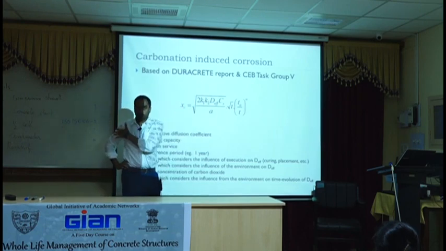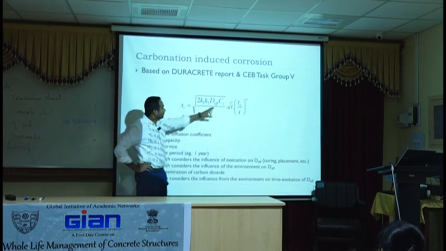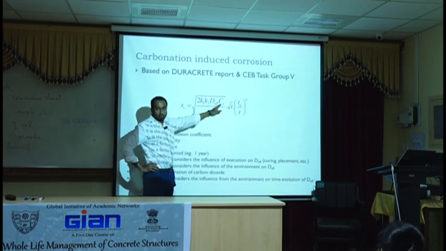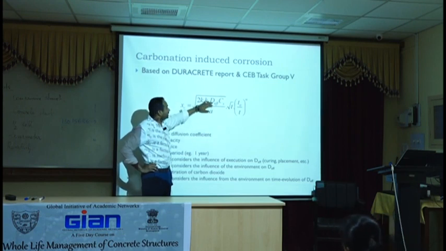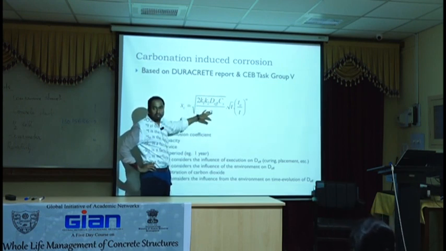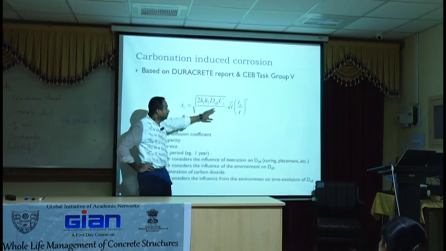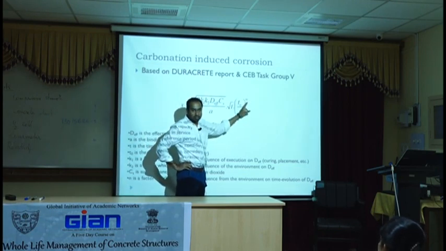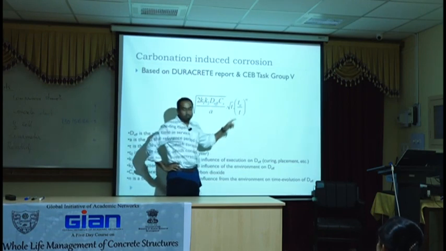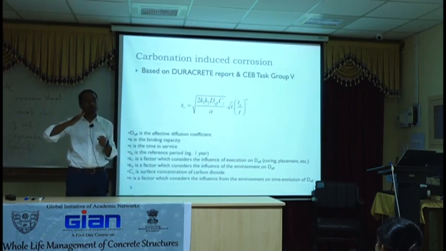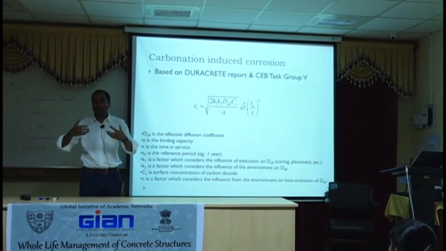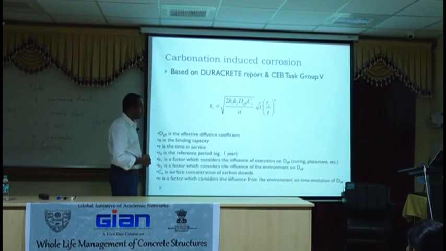You know that carbon dioxide is a diffusion mechanism. Surface concentration of carbon dioxide, binding capacity. So that's why I was saying it's a transport reaction mechanism. And then a function of time. Okay. This (t0/t) raised to n represents the rate at which the diffusion coefficient will change as the concrete hydrates.